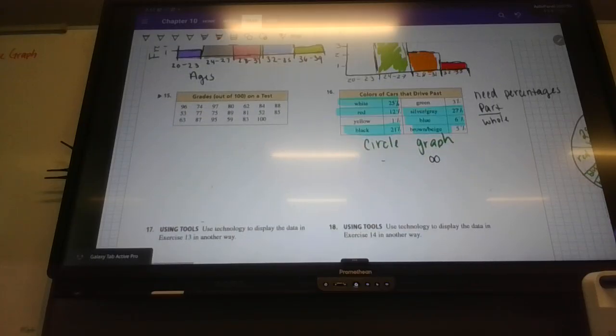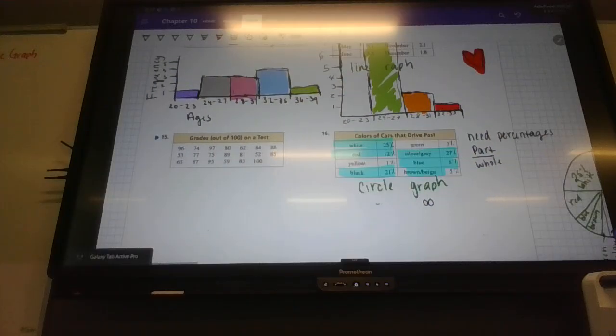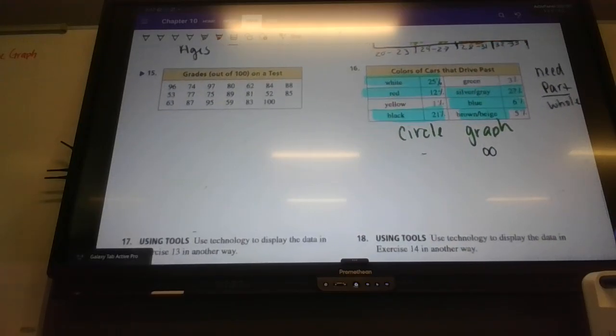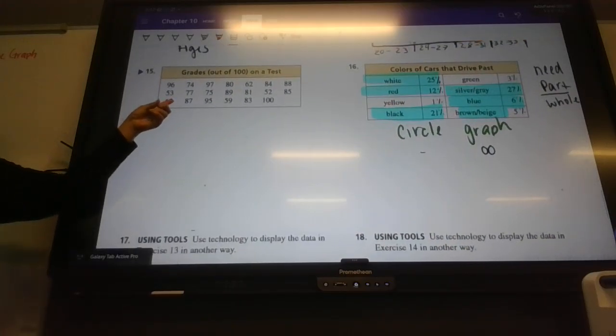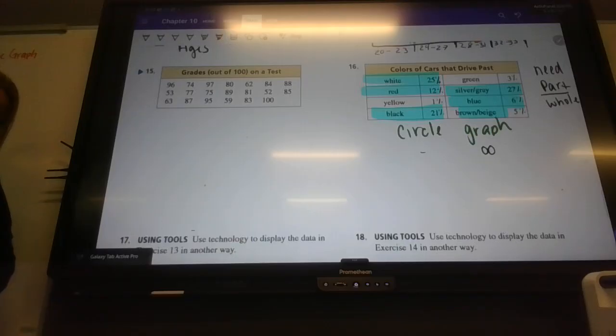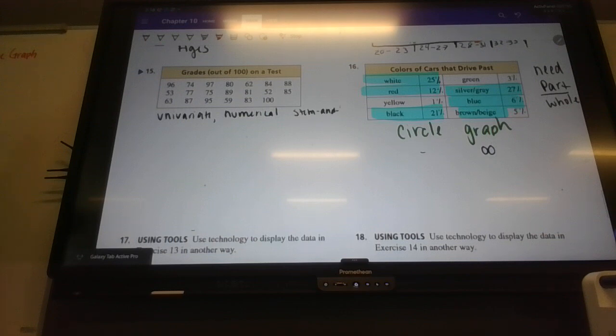A stem and leaf. Well, first off, this is univariate numerical data. We're going to go to 15, and we're going to make a stem and leaf plot because this is univariate numerical. I'm skipping the line graph just for a moment, just to make sure that we cover stem and leaf, because we did a line graph already today with the miles biking.